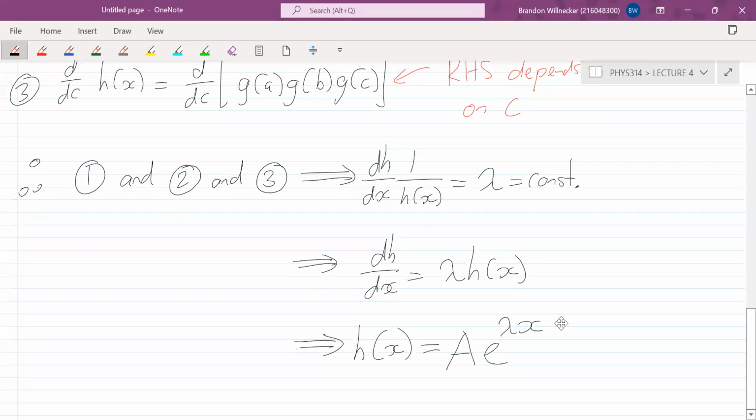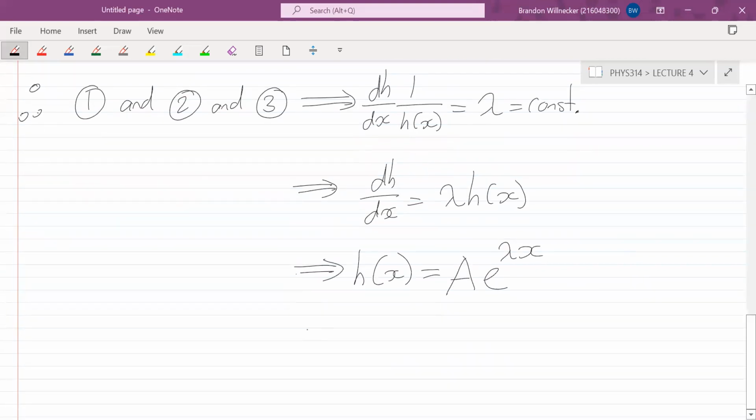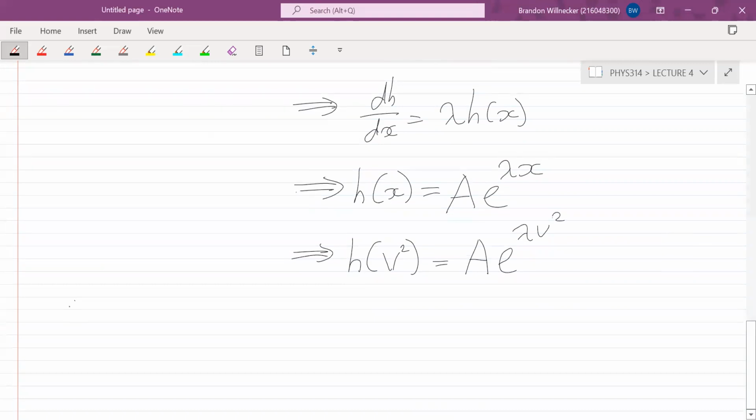But remember, x was just v squared from the beginning. So if we substitute that back, we get h of v squared is equal to a e to the lambda v squared. That is what our function h looks like. Remember, we had f of v, and we said that this must be equal to h of v squared.